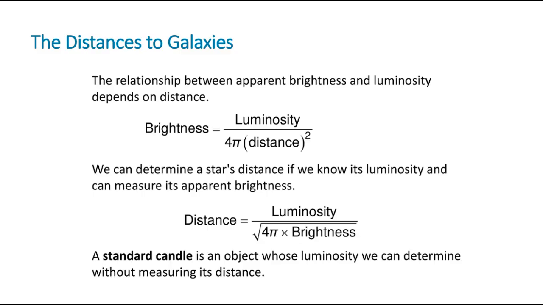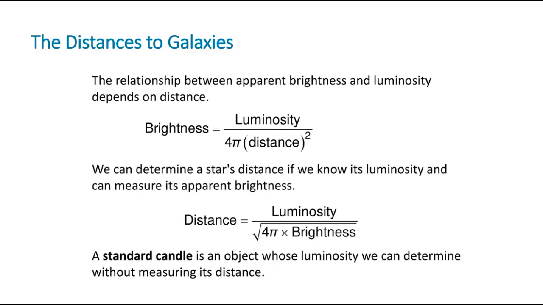So we've talked about brightness and luminosity. Brightness is the flux, that's what we measure, and luminosity is the total energy that object is putting out. So if you had some object that always had the same luminosity, you could measure the brightness and then calculate a distance.